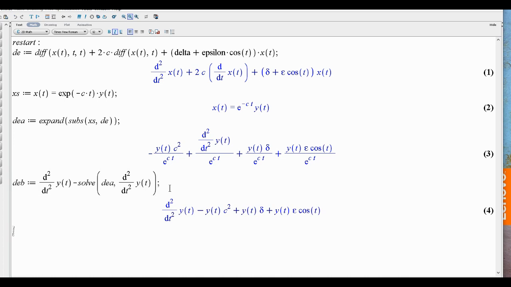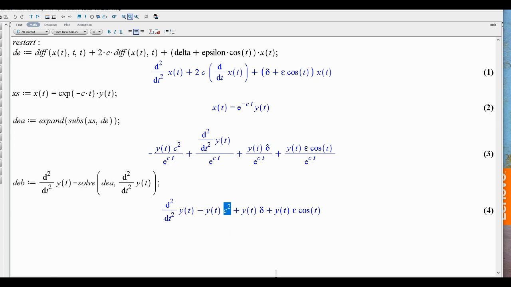Okay, so that's the differential equation. I hope you realize that something quite interesting has happened, which is that the damping term has gone away. And so here is y double dot, and here is y. There is a delta minus c square, and there is an epsilon cos t.